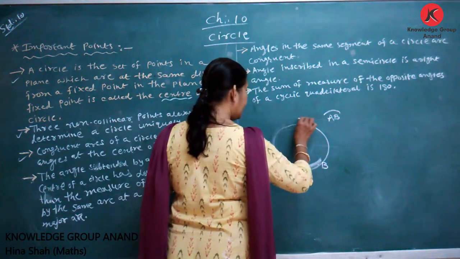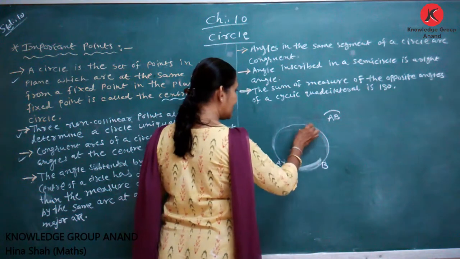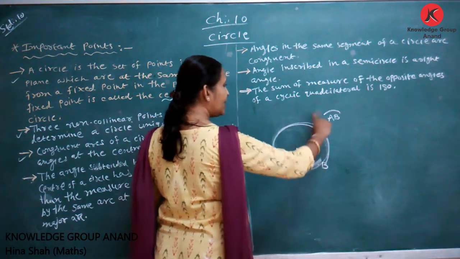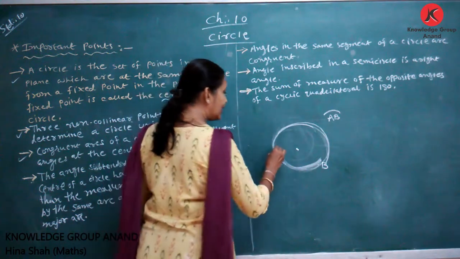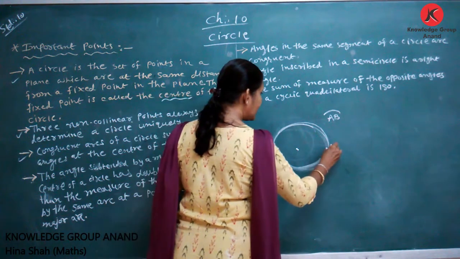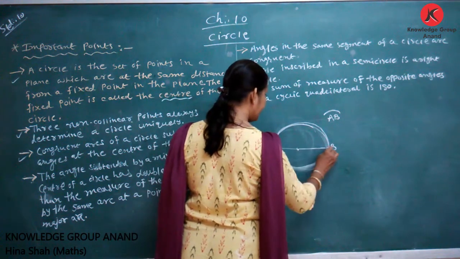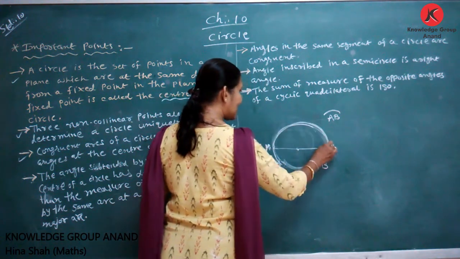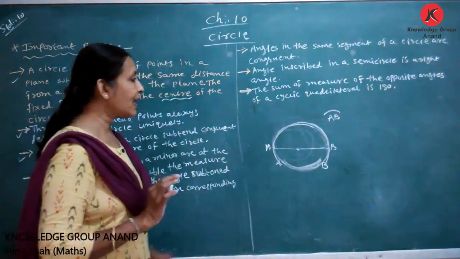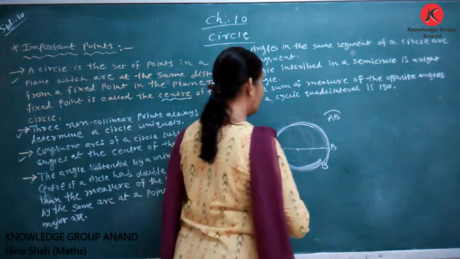The one including the center is the major arc. Major arc AB, minor arc AB, and if it is a semicircle, then it is called a semicircle arc. The length of both arcs is equal in a semicircle.